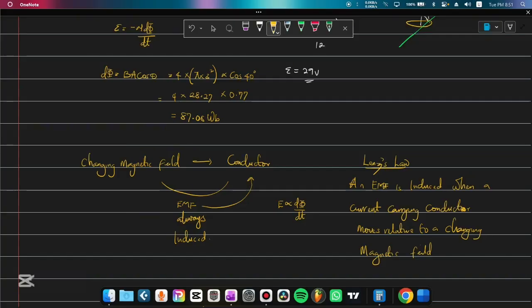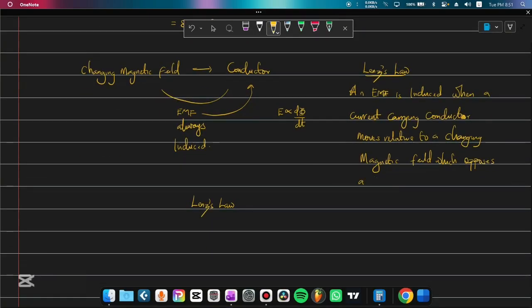Now, Lenz's law expanded this law, which opposes a change in the magnetic flux. So, according to Lenz, whatever EMF is going to be induced in this coil is going to be such that it wants to do the opposite of what the magnetic flux is doing.